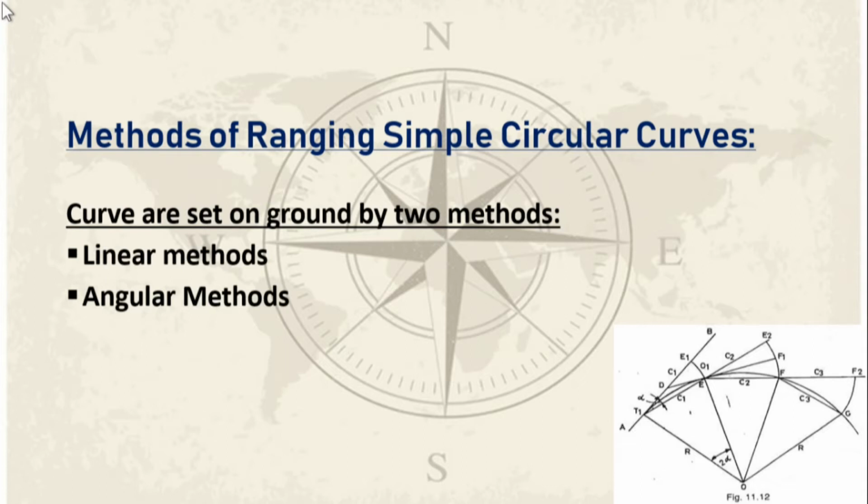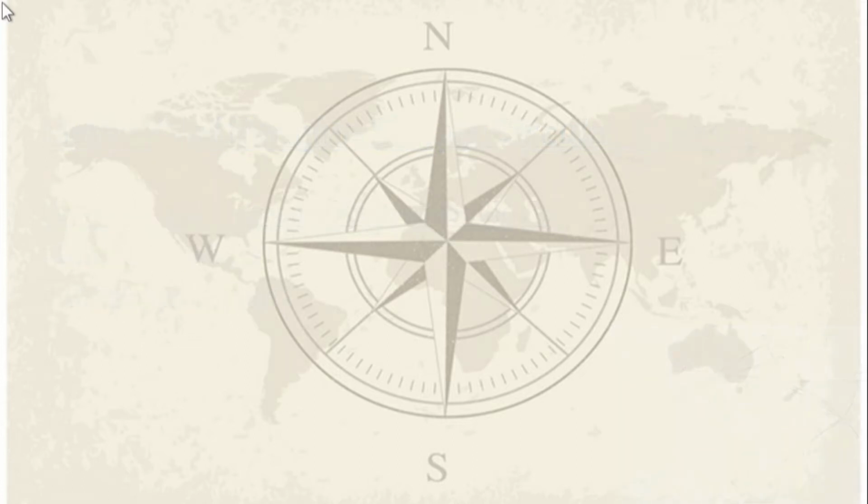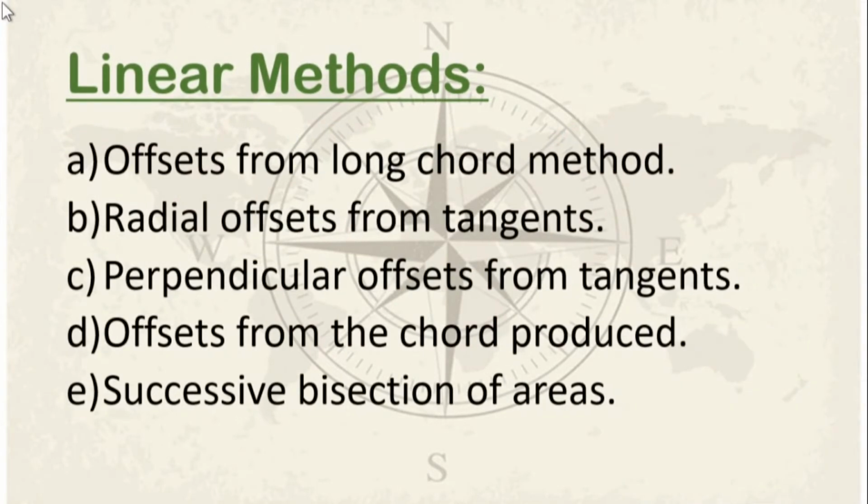These are set on the ground. In the linear method, there are offset from long chord method, radial offset from tangents, perpendicular offset from tangents, offsets from the chord produced, and successive bisection of arcs. I think the offset from long chord method is the one I'm going to concentrate on.